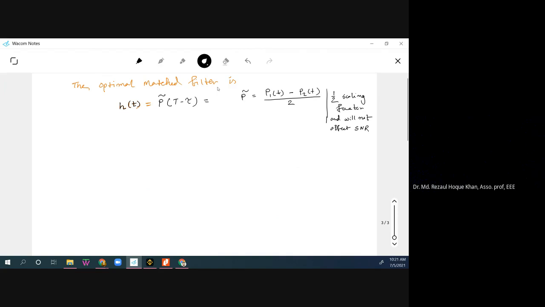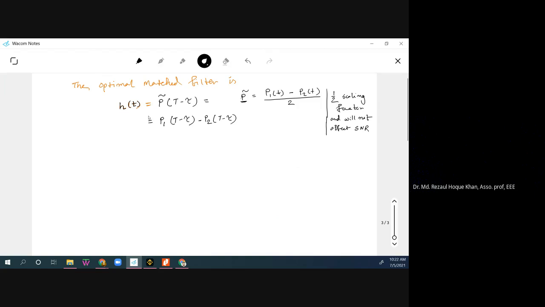This is just a scaling factor, right? So we can discard this half while having the expression. So we can write h t equal to p1 t minus tau, minus p2 t minus tau, right?